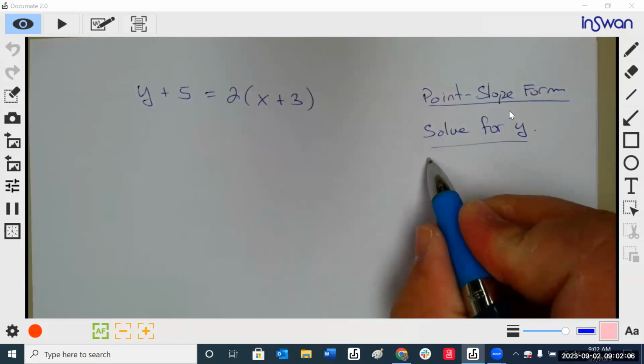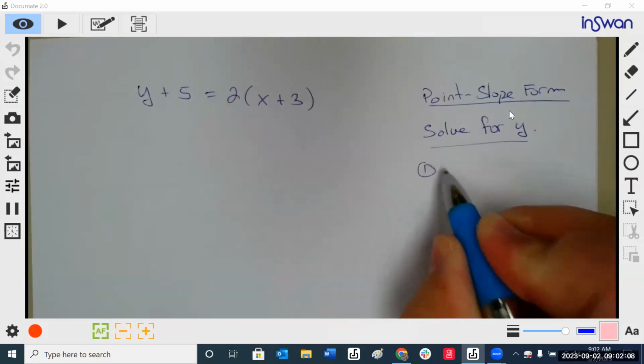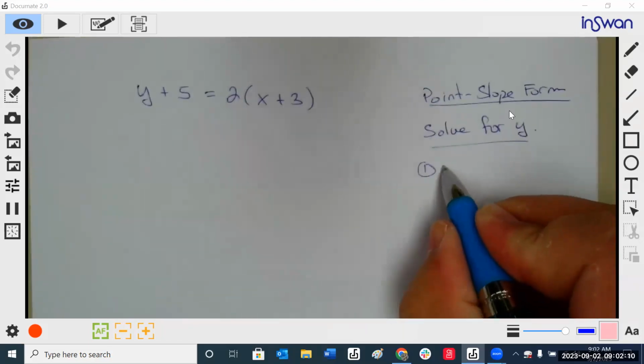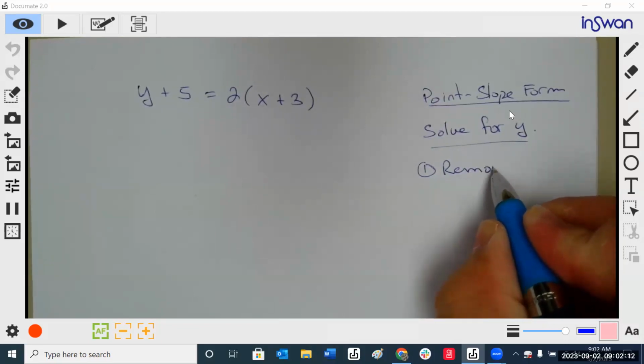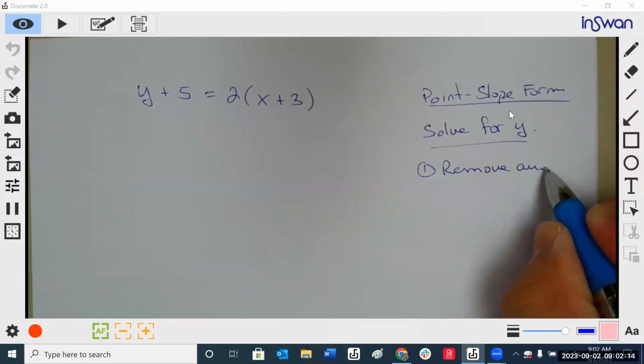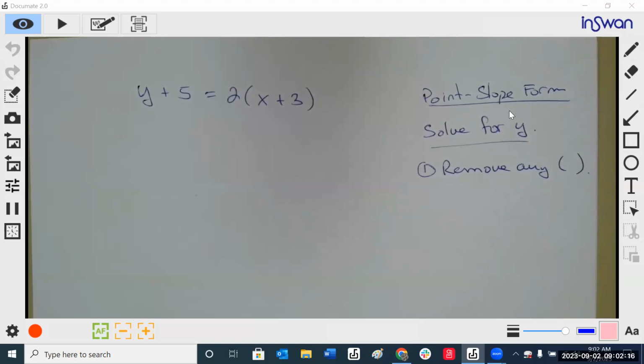Now, when you're asked to solve for something, the first thing you have to do is remove any parentheses. How do we remove parentheses? What operation gets rid of parentheses?